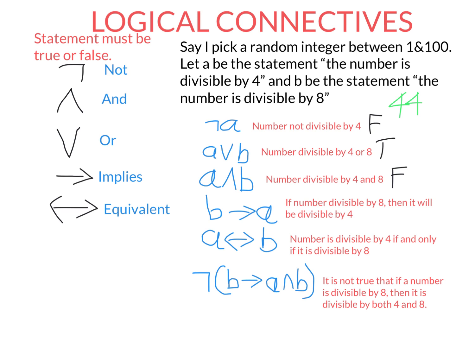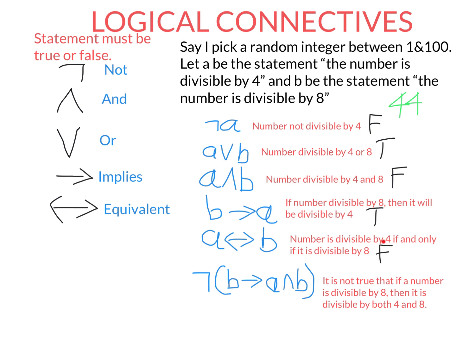For these last three statements, we can determine their truth or falsity without picking a number. If a number is divisible by 8, then it will be divisible by 4. That is definitely true. The equivalence statement says a number is divisible by 4 if and only if it is divisible by 8. That statement would be false. Why is that?